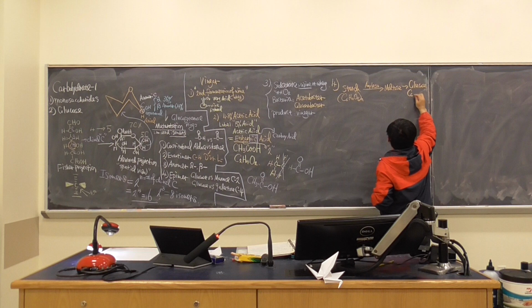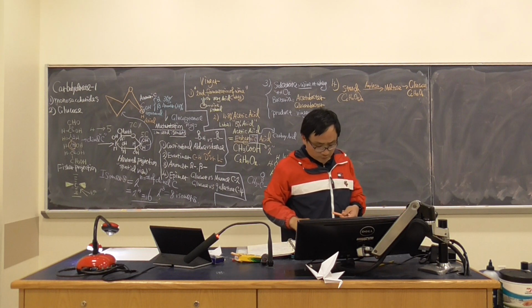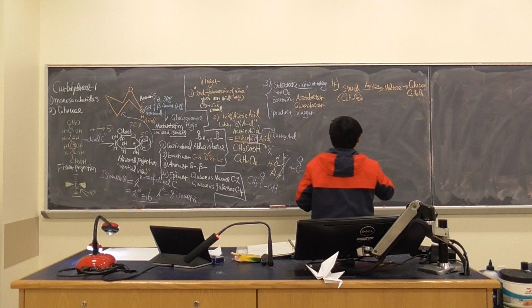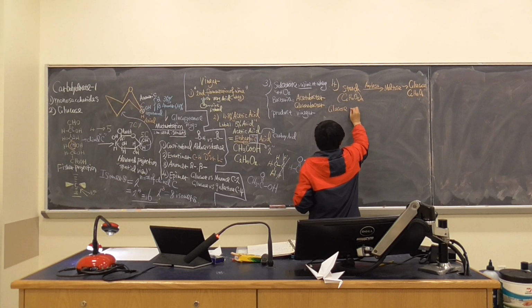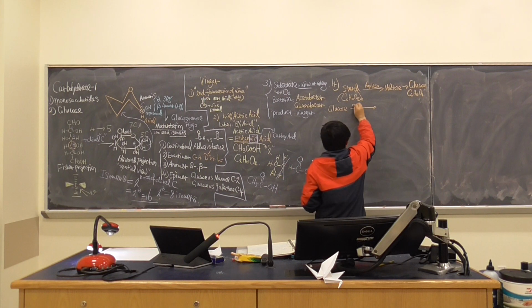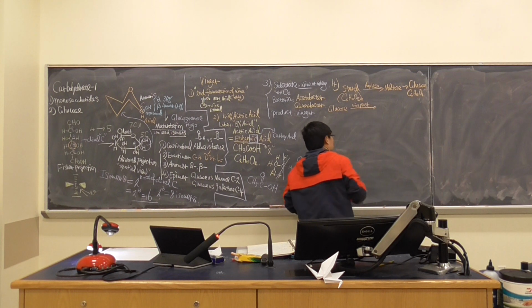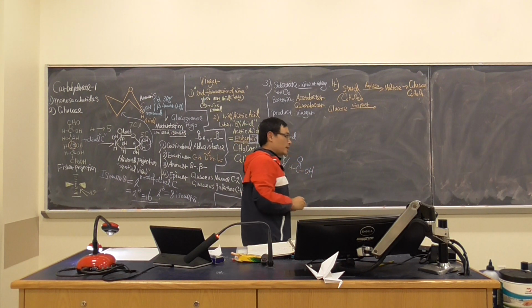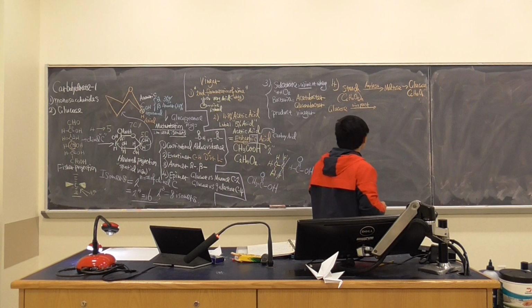That is C6H12O6, glucose. Okay, now the glucose comes out. The glucose needs a yeast. So we just say wine yeast, Saccharomyces cerevisiae, which is a wine yeast. Then it will go through fermentation.